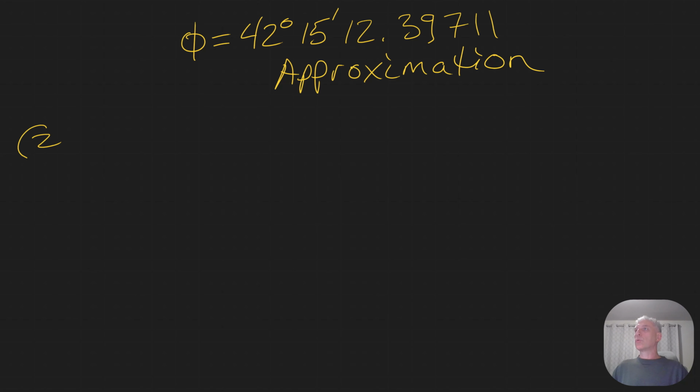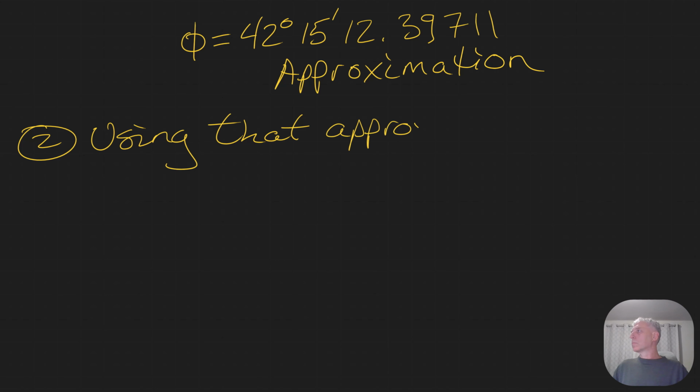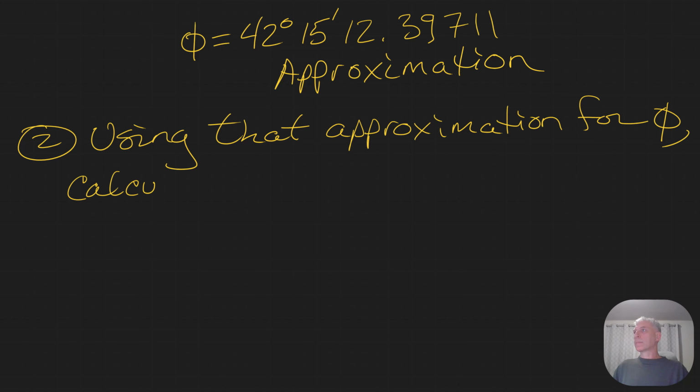In step 2, using that approximation for phi, we want to calculate a new radius of curvature in the prime vertical and a revised height.